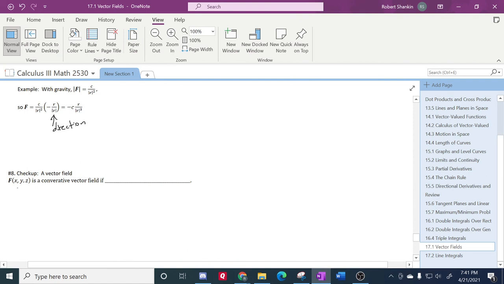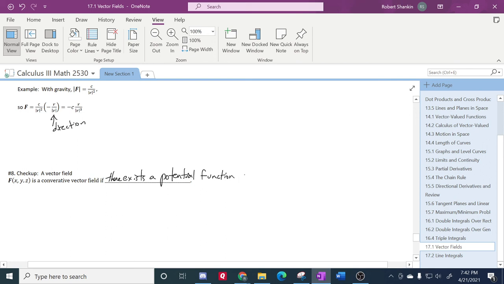A vector field, F, is a conservative vector field if, does anybody remember this? What's got to be true? Conservative is a little different. Conservative if there exists a potential function. What letter did we use for the potential function?